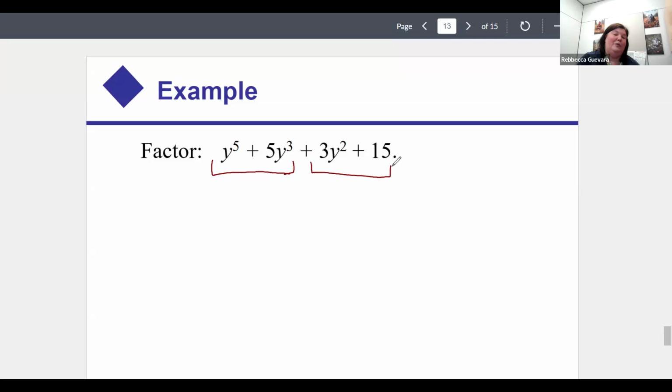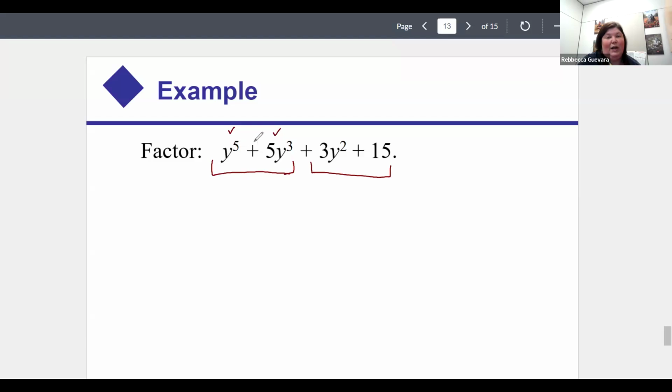So we have y to the 5th plus 5y cubed plus 3y squared plus 15. It really doesn't matter which ones I pair together. I just pick 2 and see if I can make anything work. So I decided I'm going to put the first 2 together as a group, y to the 5th plus 5y cubed. I want to figure out what I can factor out of these 2 terms.